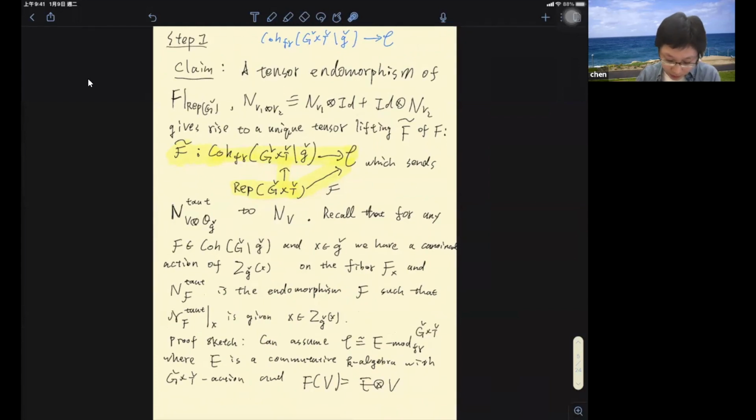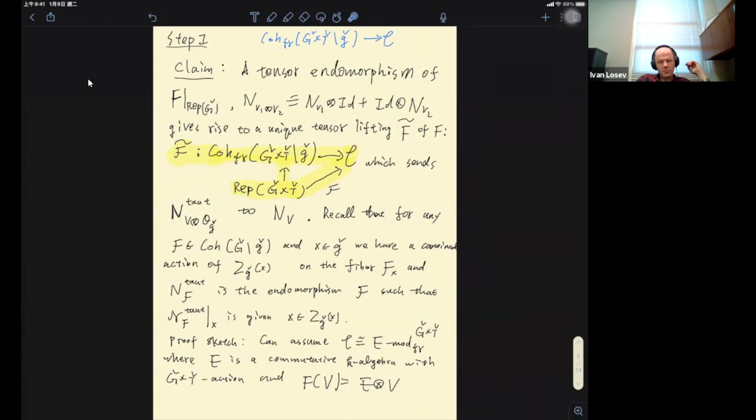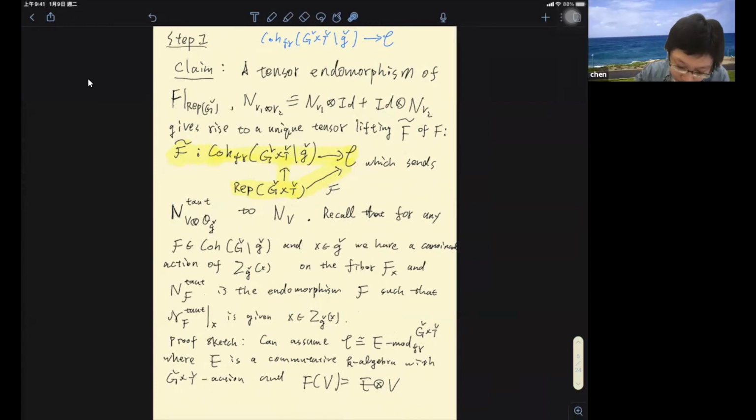So step 1. Again, we assume we have a functor from rep G check times T check to some monoidal category C. And our goal is to upgrade this functor to a functor from the quotient stack of the Lie algebra by G check to C, where T check acts trivially on G check, and G check acts on the Lie algebra by the adjoint action. And it turns out to construct such a lifting is basically equivalent to have a tensor endomorphism of the restriction of our functor to rep G check.